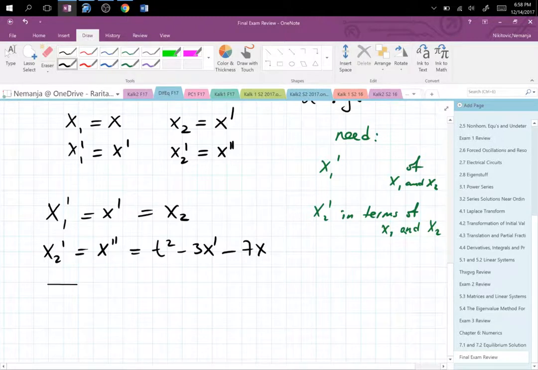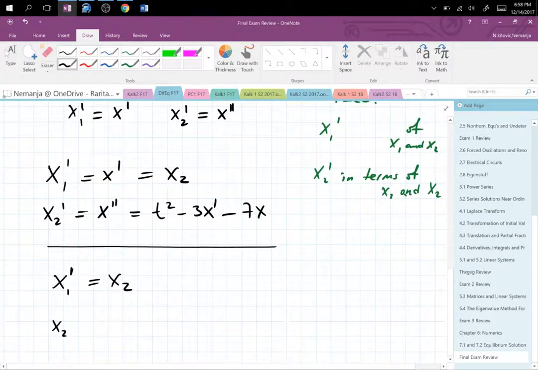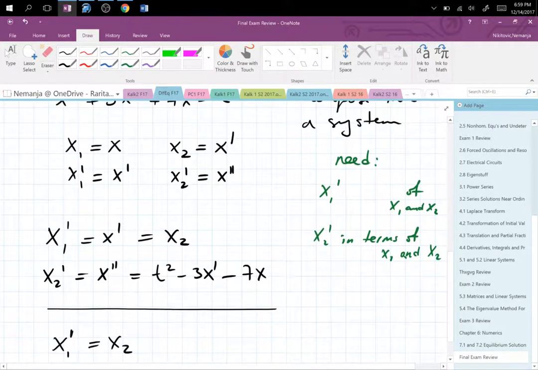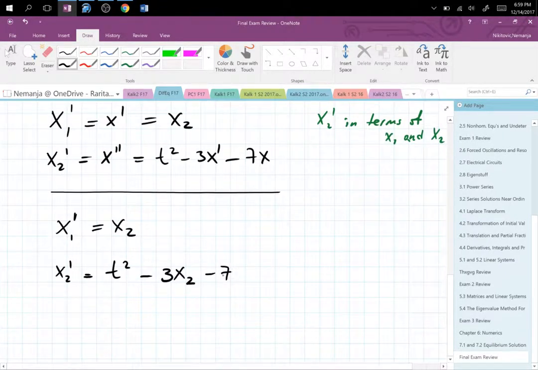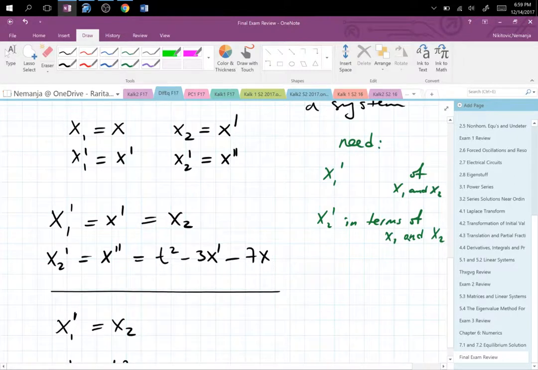So now I have x1 prime is equal to x2. We're happy there, just leave it. But x2 prime still has the x prime and x, but I know what they are. So this is t squared minus 3, and instead of x prime, I have x2, and instead of minus 7x, I have minus 7 x1.